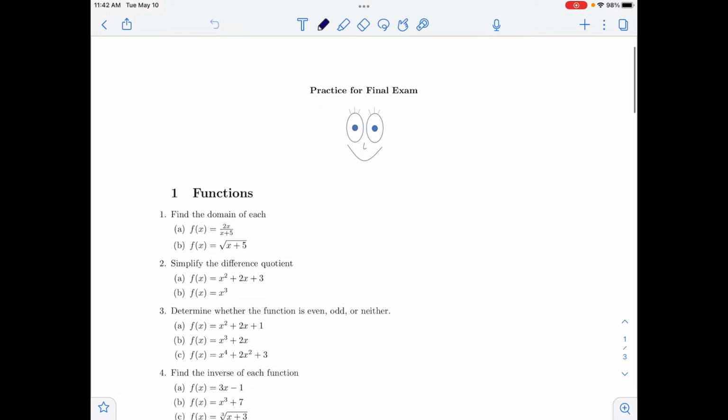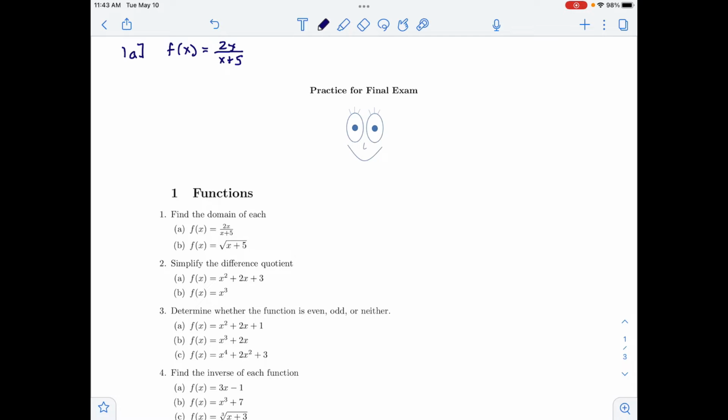Now, remember, with domains at this stage, when we were just introduced to functions, we concerned ourselves with two cases. When you have a variable in the denominator, like this first one, 1a, where we have f of x equals 2x over x plus 5, our concern is that we never try to divide by 0.